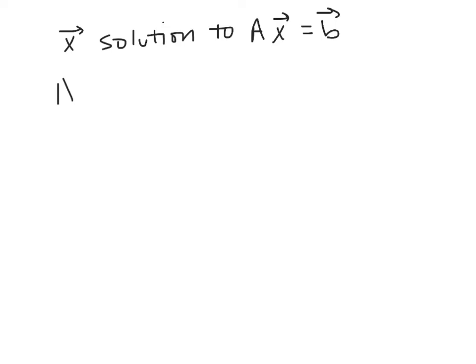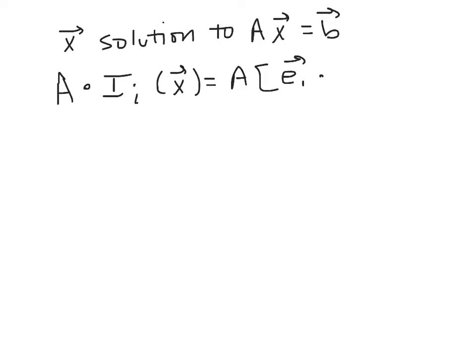Okay. In order to find this other way, we're going to need a definition. So let's call our solution X. This is our solution. And we're going to define the matrix A times I sub i of X to be the following. This is going to be the matrix A times a new matrix.